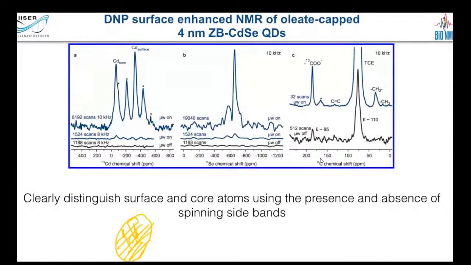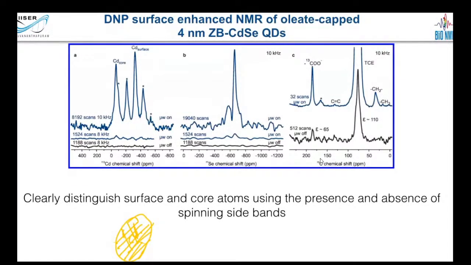If the cadmium is there, it will have cadmium all over the place, or it is well ordered. So you don't expect so much anisotropy. That means the peak of the cadmium in the core of the quantum dot will not have sidebands. The sidebands are because of anisotropy, chemical shift anisotropy.